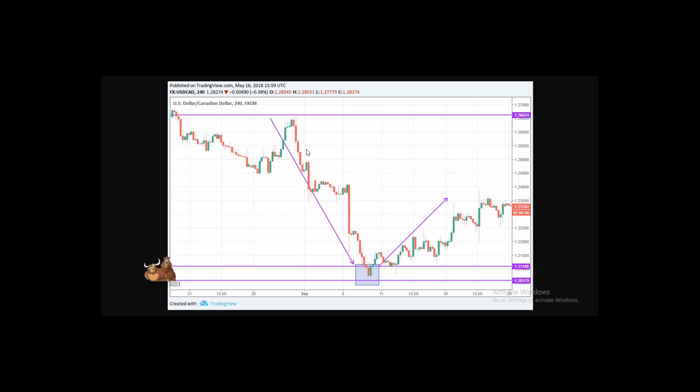So if we have a downtrend or a declining trend, as we see here, you can see I marked the prices. Here it's a drop of 600 pips in almost a couple of days, and then we are looking for a reversal because, as we know, nothing happens in a vertical way in trading.